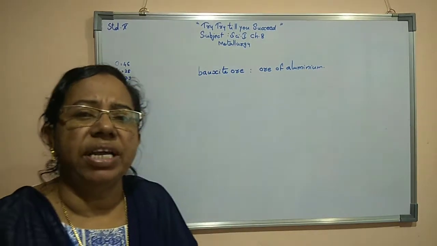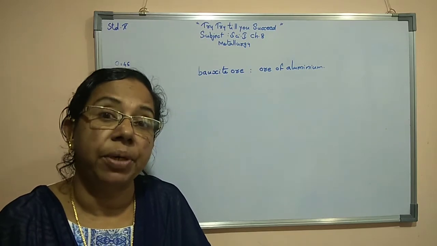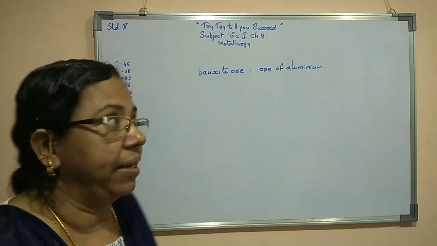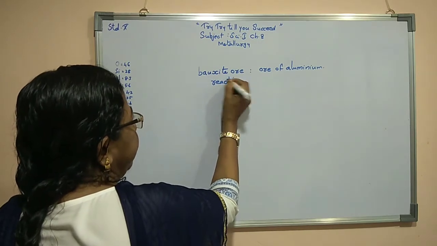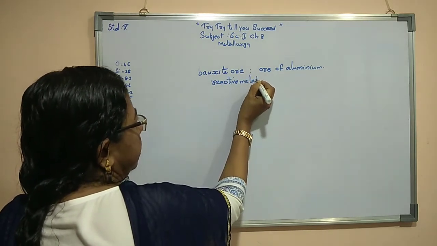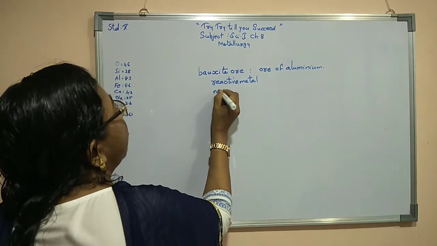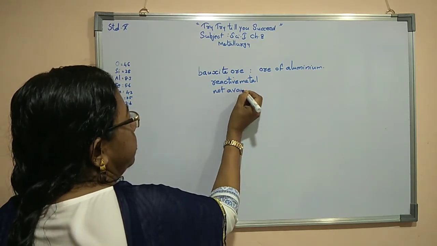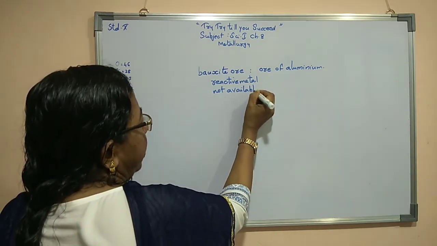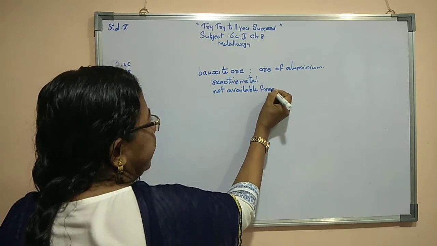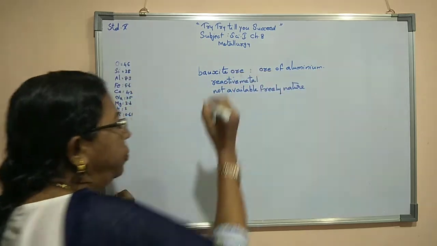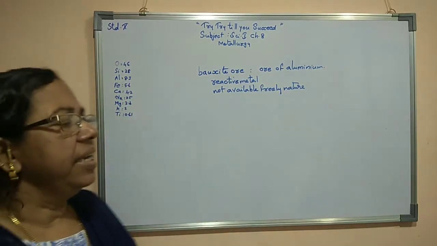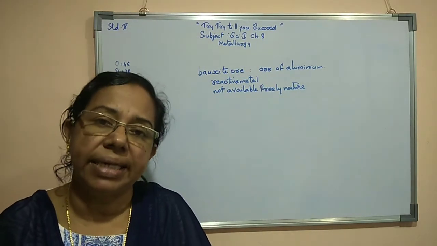Aluminium is not available freely in the nature. Why? Because it is a reactive metal, so it is not available in the free form.